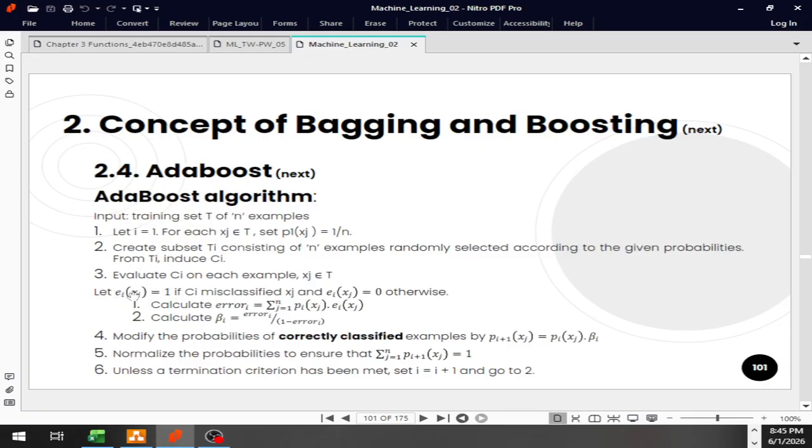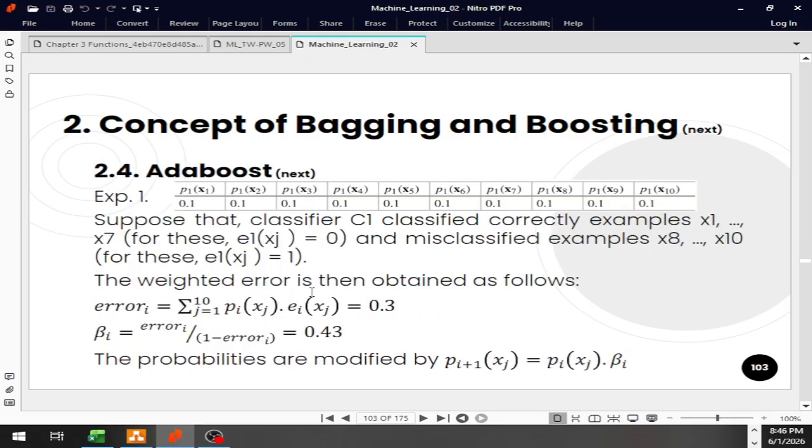We have this term. It means if the prediction is wrong, E of that prediction equals 1. If it is right, it equals 0. So we are just going to take the misclassified to calculate the error, we sum only the errors. Let's come here and we see we sum from the 1st to the 10th.